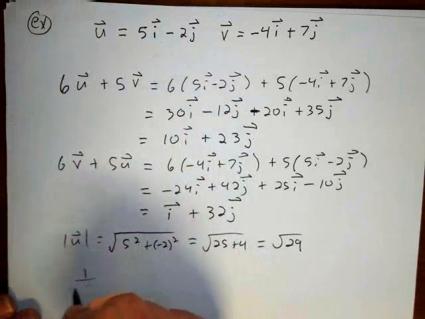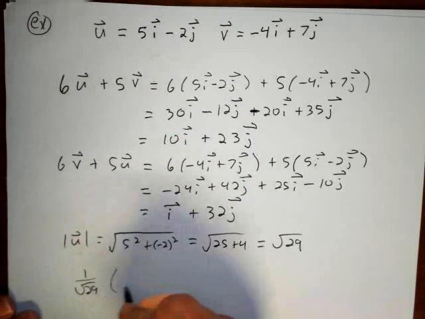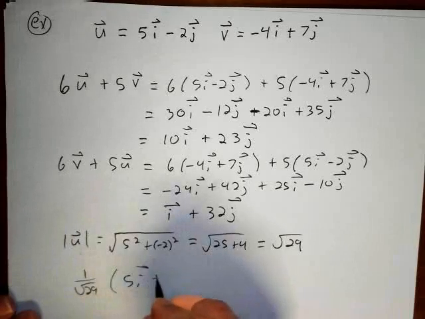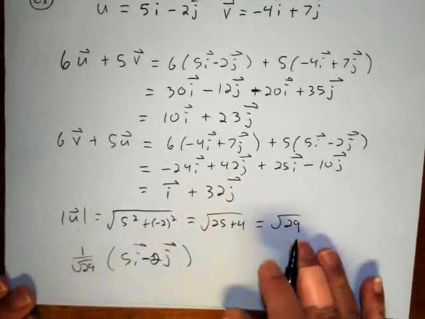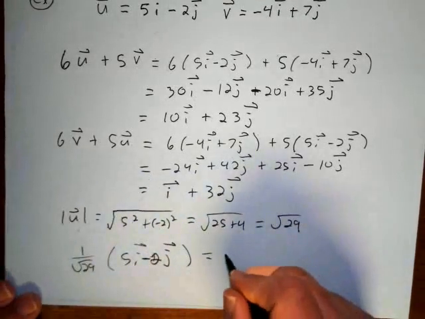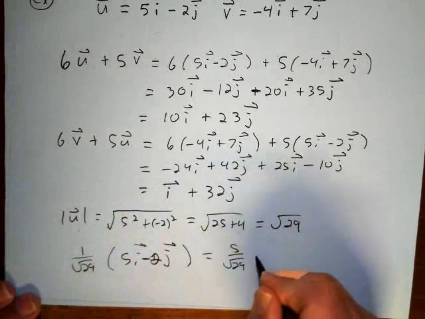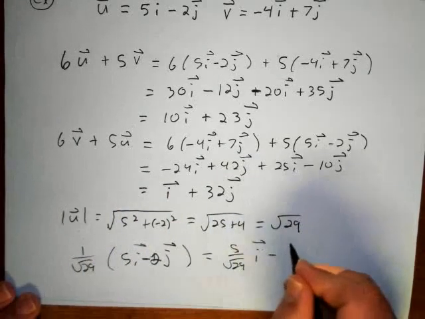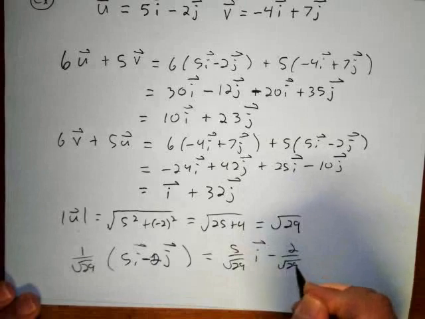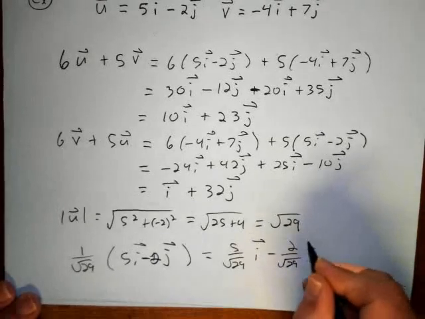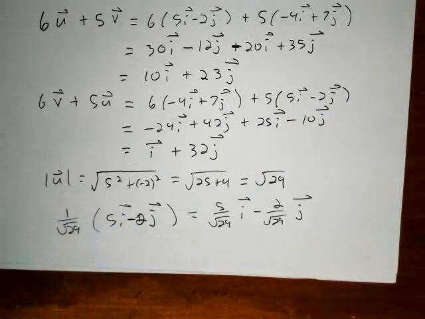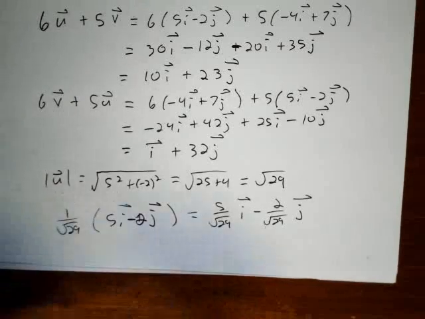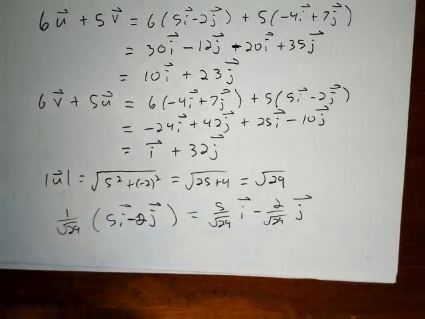What I would do is 1 over the square root of 29 times 5i minus 2j. Then I could just distribute that over, and I'd get 5 over the square root of 29 i minus 2 over the square root of 29 j. And you can see that these are just different ways of doing the same thing, along with this idea of linear combinations.